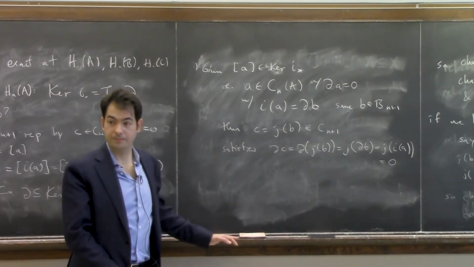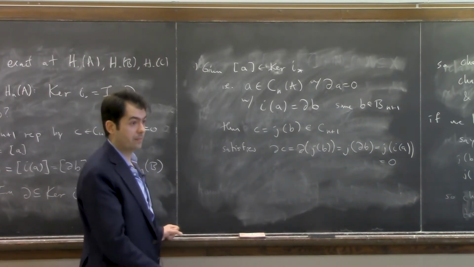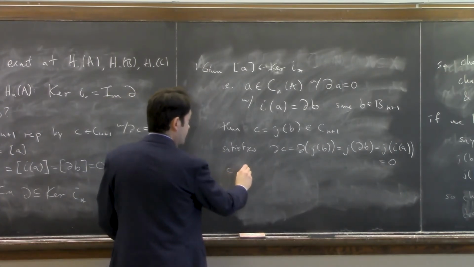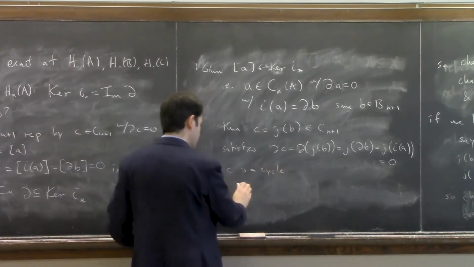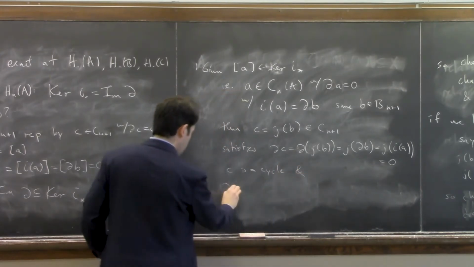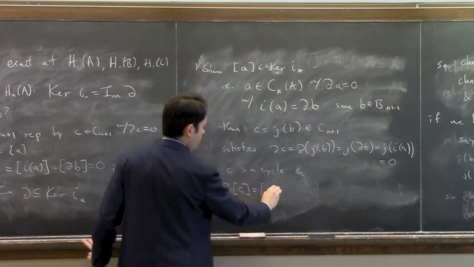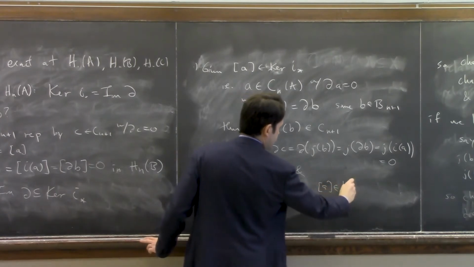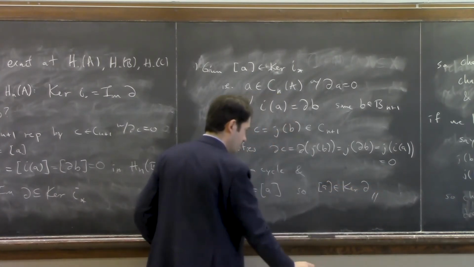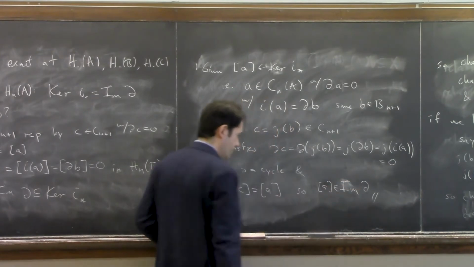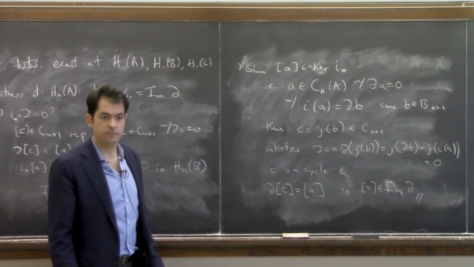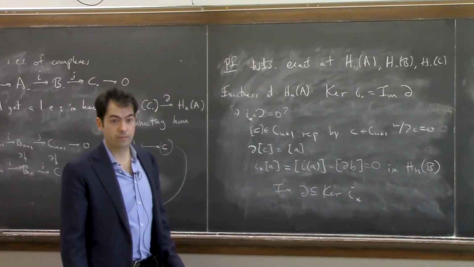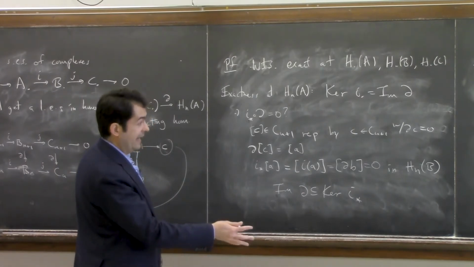Right? So C is a cycle. And the connecting homomorphism applied to its homology class is equal to the homology class of A. Image. OK? So that's exactness at A.